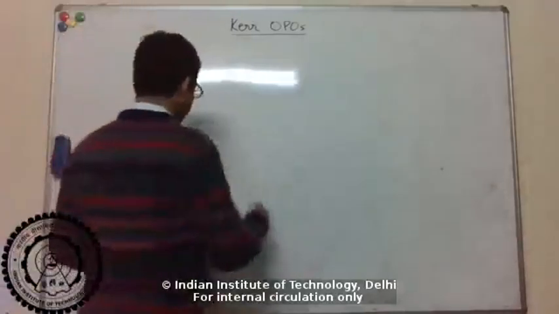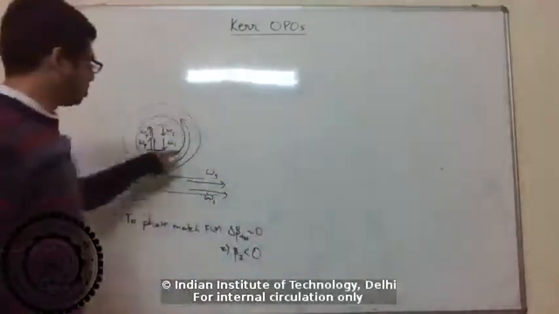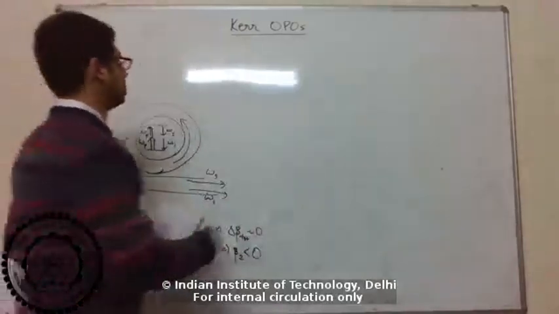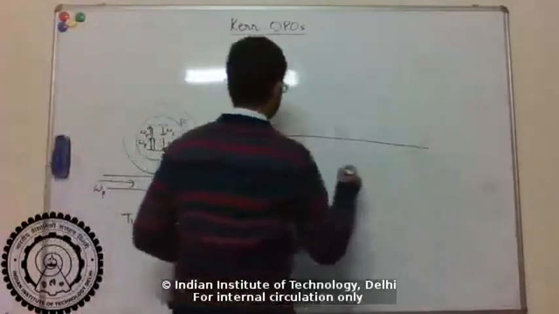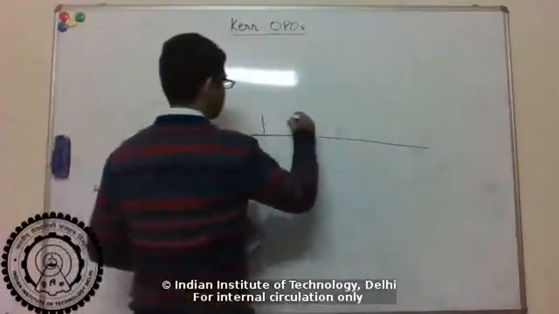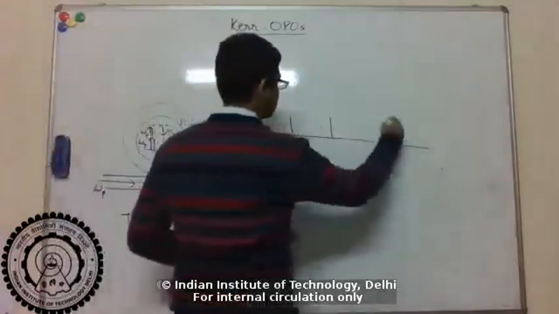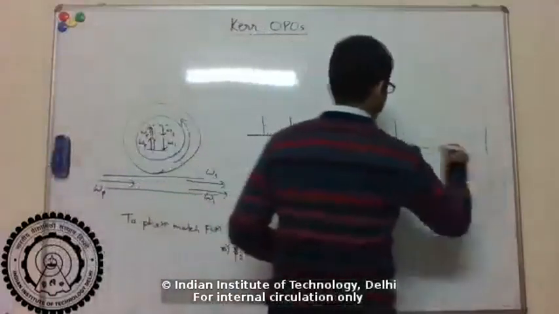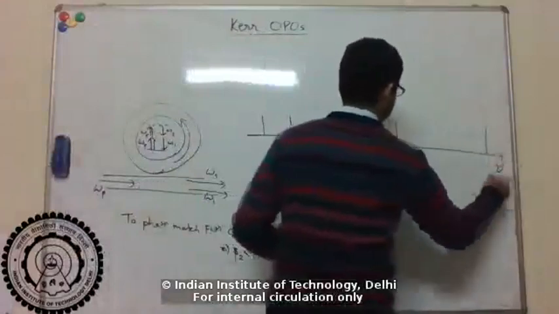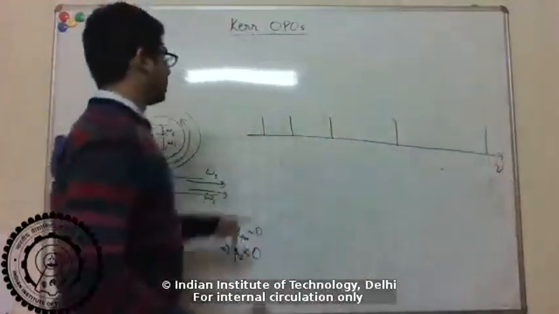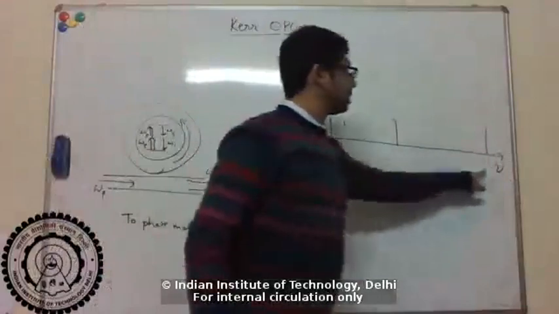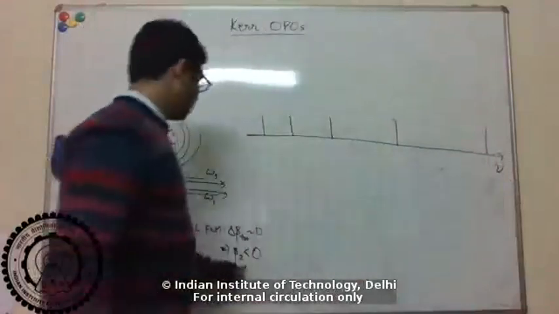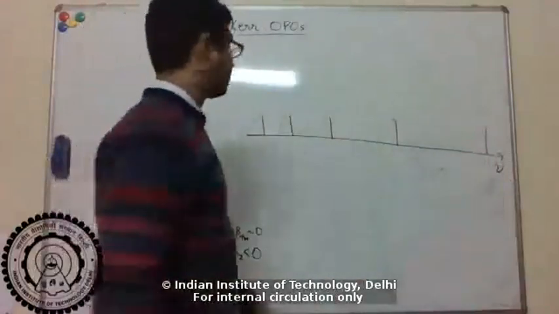Then last time we saw that if we have a cavity which has beta 2 less than 0, and you look at the resonances in such a cavity, the resonances are not equally spaced along frequency. Only if beta 2 is equal to 0 are the resonances equally spaced.